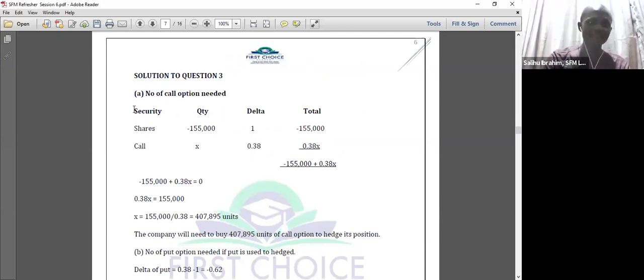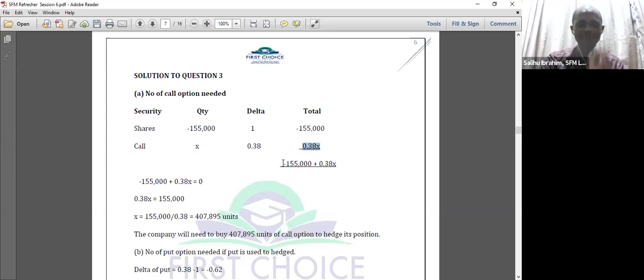Now look at it. I have my security, my quantity, my delta, and total. My shares, because it's a short position, I'm selling, so it has to be minus 155,000. Then the delta of the underlying asset is always 1. Multiply it, we get this. Now, we are using call. How many calls? I don't know. I represent it with X. What is the delta of call? 0.38 times X, I have 0.38X.